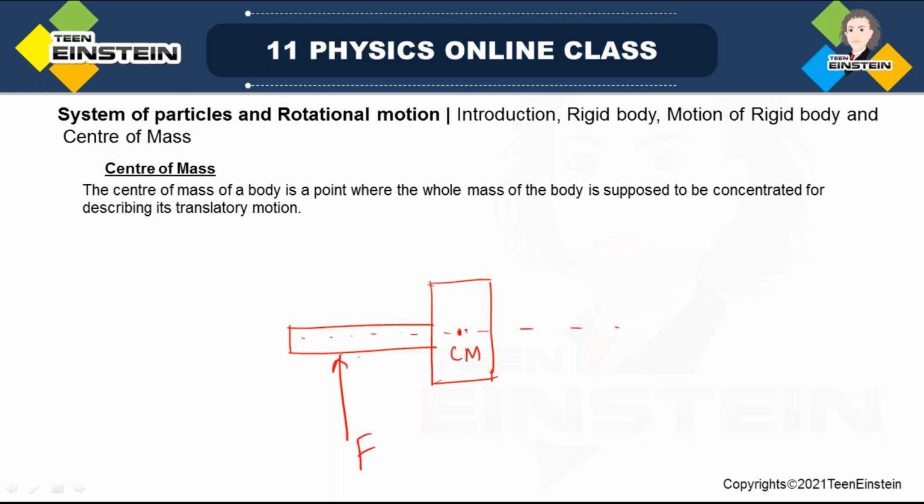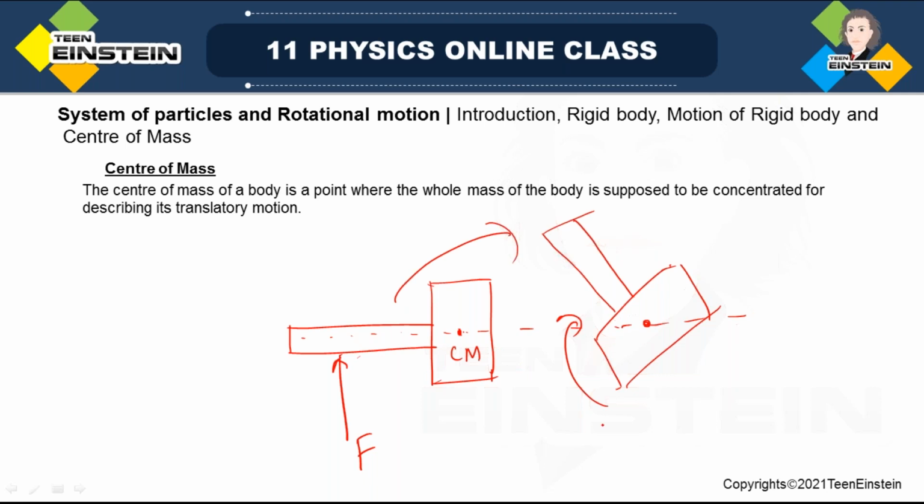The hammer will rotate about the center of mass. If you push this way, the hammer will be rotated about the center of mass like this. So it will have a rotational motion. It was like this, so it is now like this.